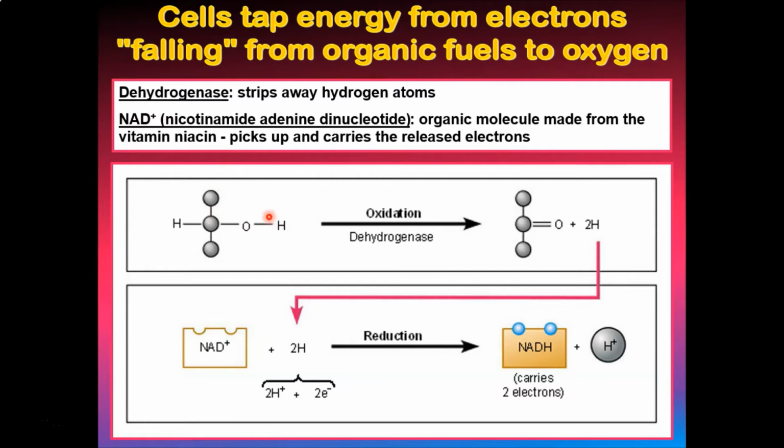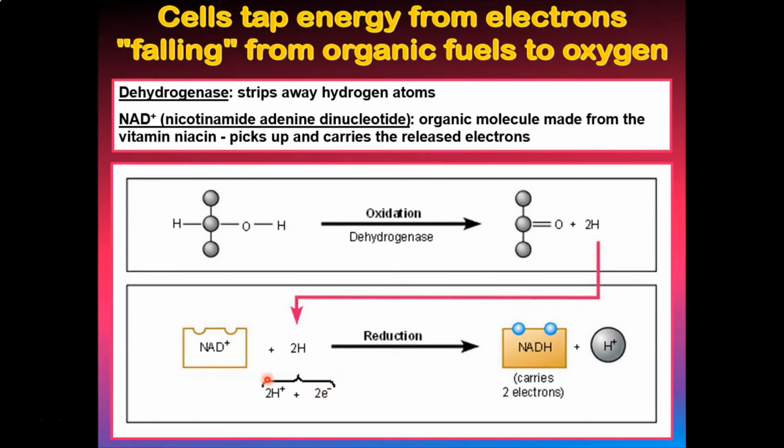But how do we get the electrons from these bonds right here, from carbon, hydrogen, in this case, different kinds of bonds? Well, we're going to use dehydrogenase to strip those electrons, and that's going to rip off the hydrogens. Then this coenzyme, NAD+, is going to say, oh, cool, let me have those electrons.